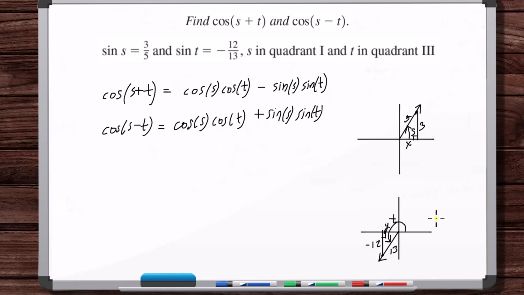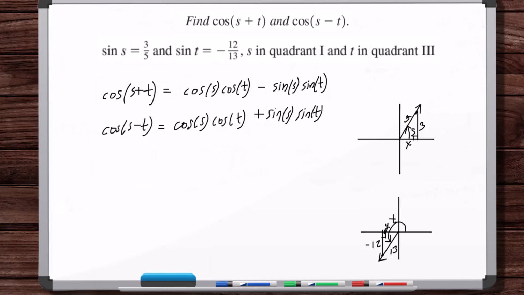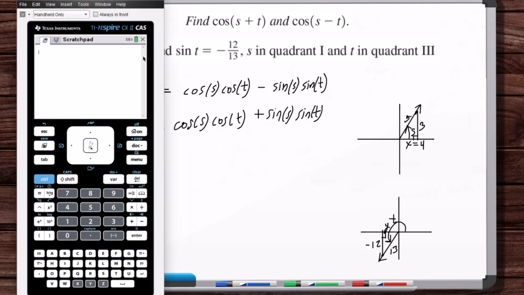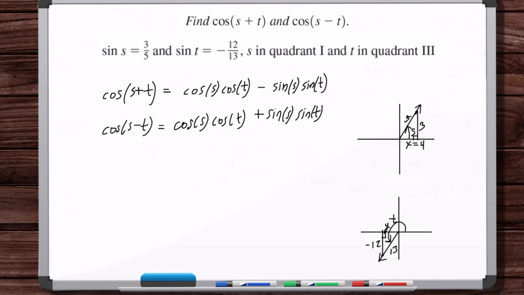So 25 minus 9 is 16, and the square root of 16 is 4, so x is equal to 4. For y, 13 squared minus 12 squared, which is 169 minus 144, is 25. So y is going to be the square root of 25, which is 5, well, negative 5.